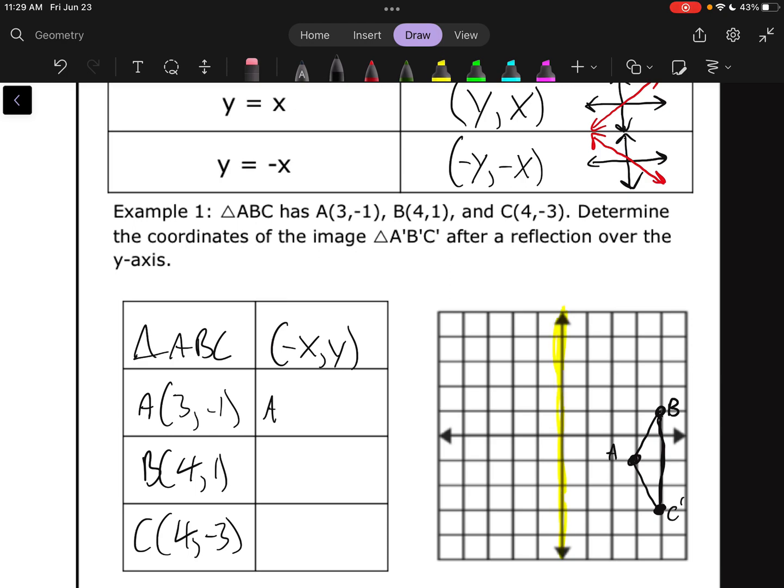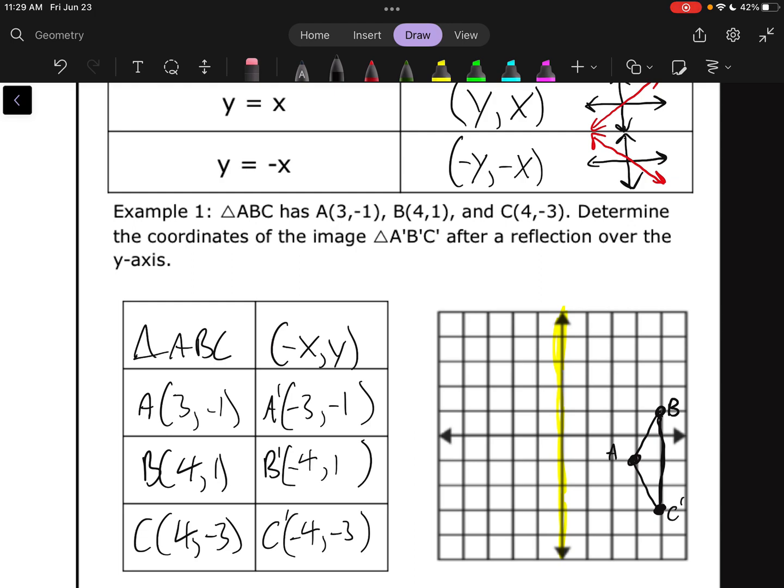So let's start flipping some stuff. If A was 3, -1, I'm going to change the sign on the x value to -3, -1. If B was at 4, 1, now it should be at -4, 1. And if C was at 4, -3, now it should be at -4, -3.